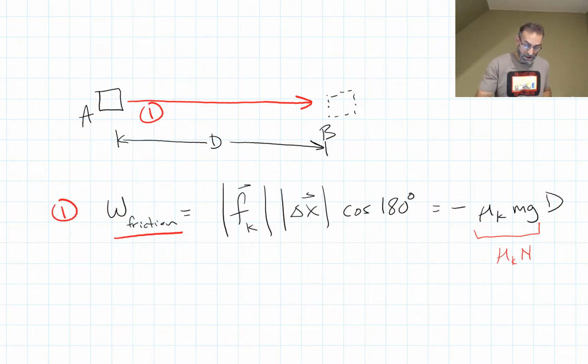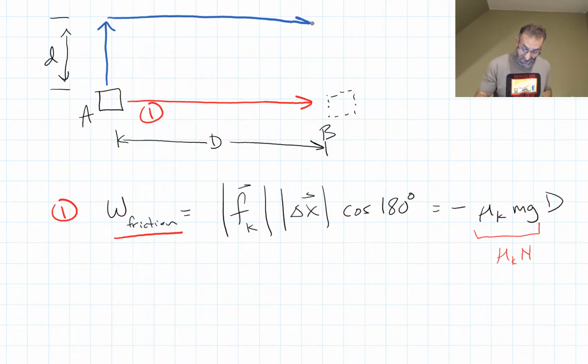But what if I took this path? I went this way a distance lowercase d, and then I went along d, and then back this way lowercase d. I could have taken that long convoluted path over, and we'll call that path 2.